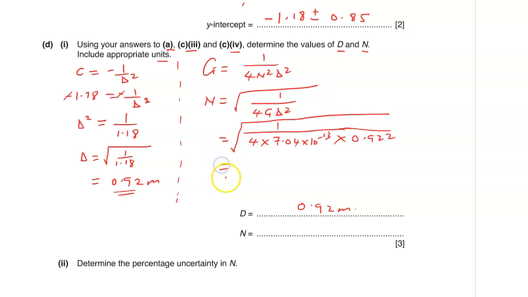And when you work it out, you find N is 647,733, and the unit is per meter.